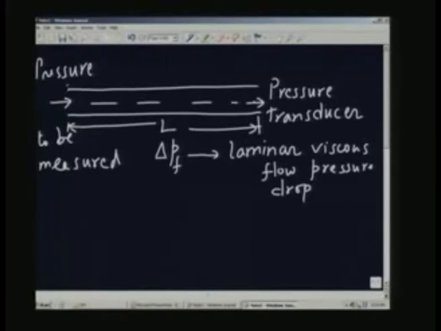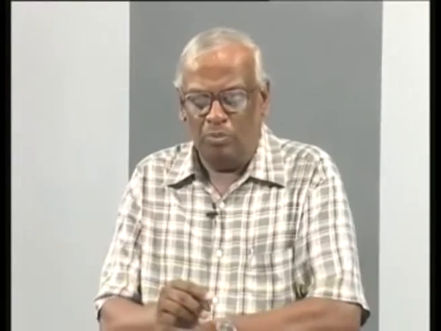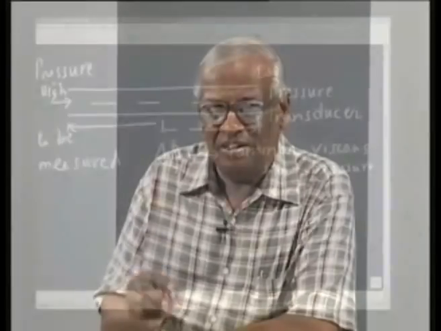So, the pressure here is higher and the pressure here will be lower. That is, this is high and it is low. Of course, finally, the two pressures are going to be the same. Initially, when there is flow, there will be a pressure drop. So, the pressure at inlet will be higher than the pressure here.